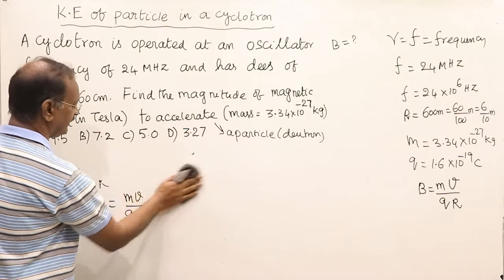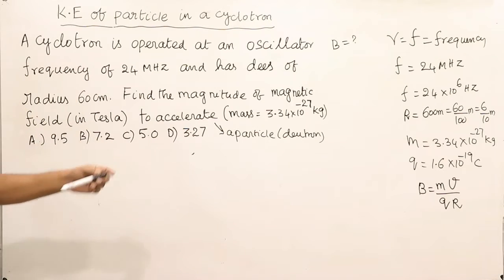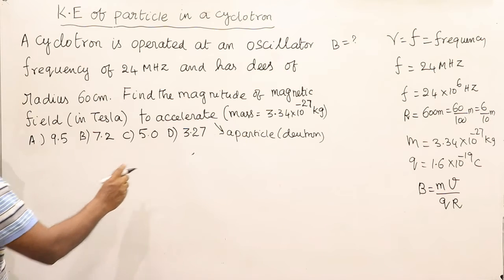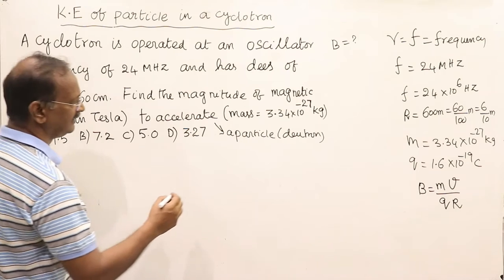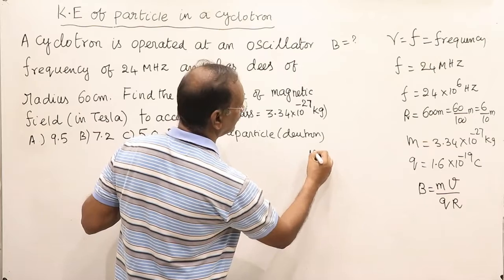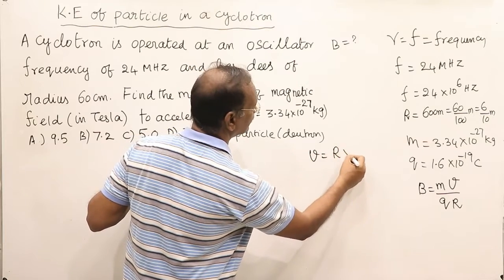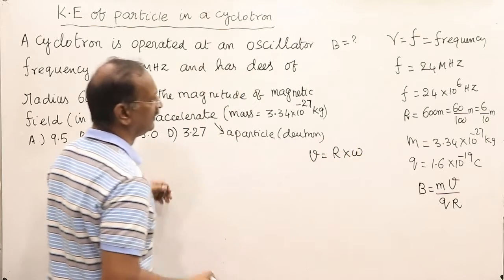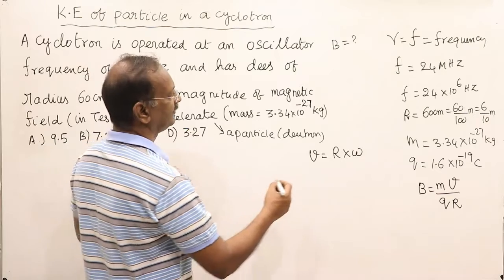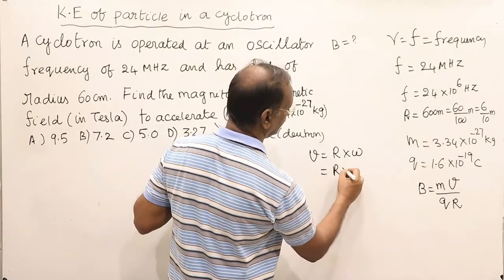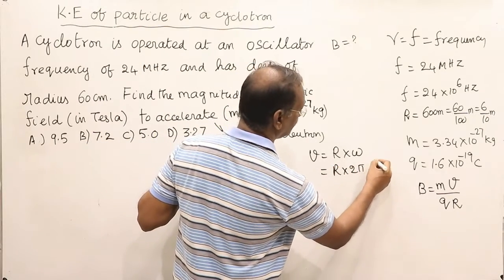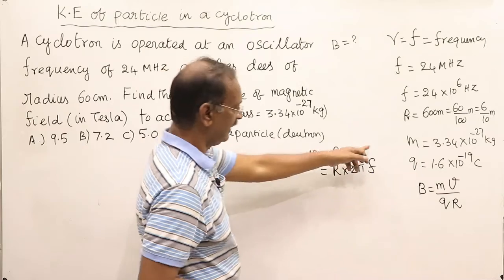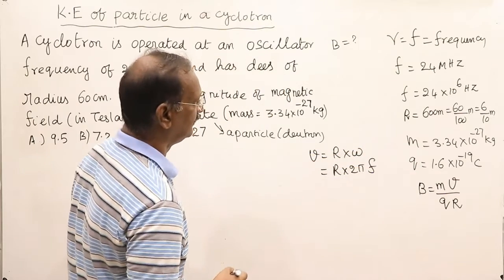Now mass is given, and we have to find out the velocity. What is linear velocity? Linear velocity is equal to radius into angular velocity, where angular velocity is 2 pi into frequency.